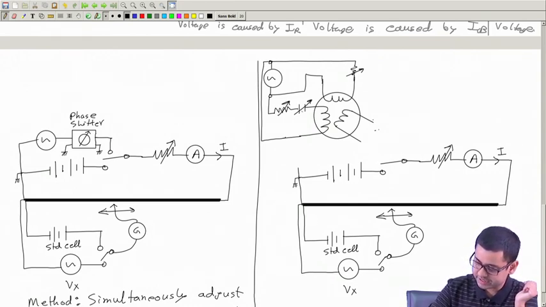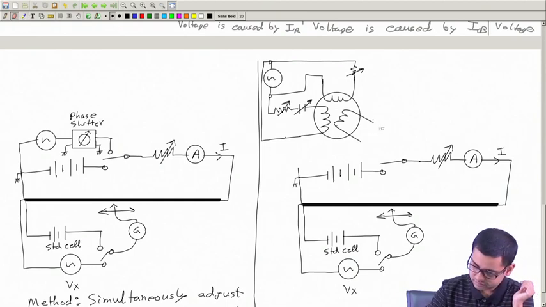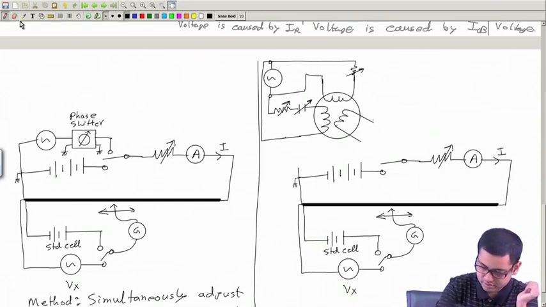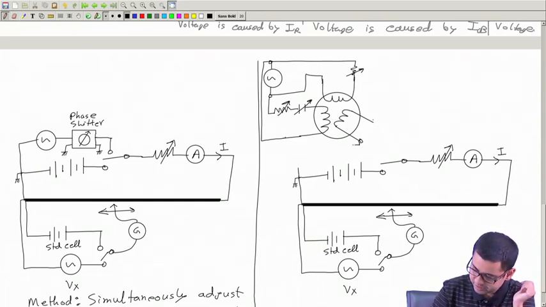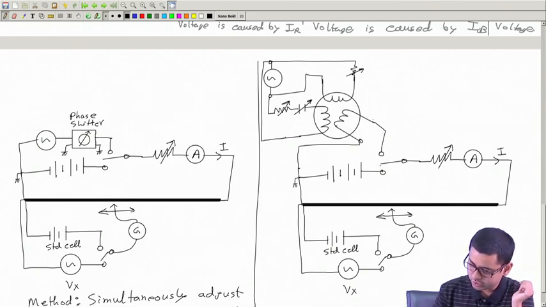You can control these resistances and capacitance to change the angle, and then this will supply here. From the secondary, let us connect one side here and the other side here. That means this is the source which will be driving the current through the main wire of this potentiometer.